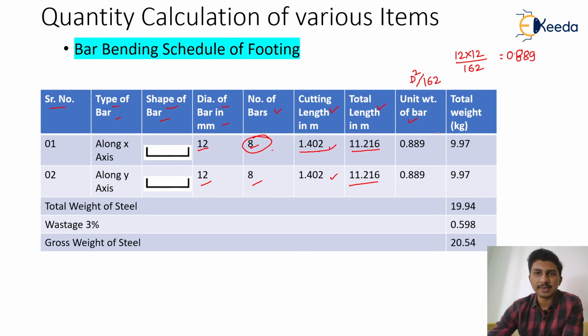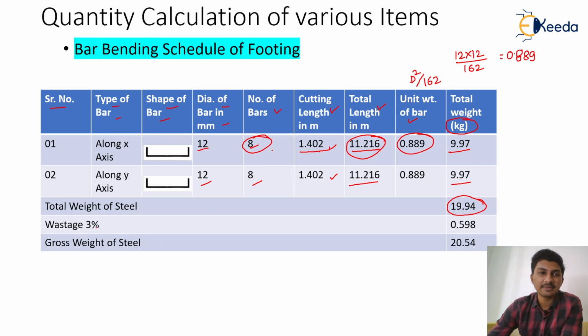Then for total weight, we are going to multiply this unit weight of one bar to the total length in meters. So I'm going to get these values in kg as reinforcement. I just sum them to get the total reinforcement for that footing.